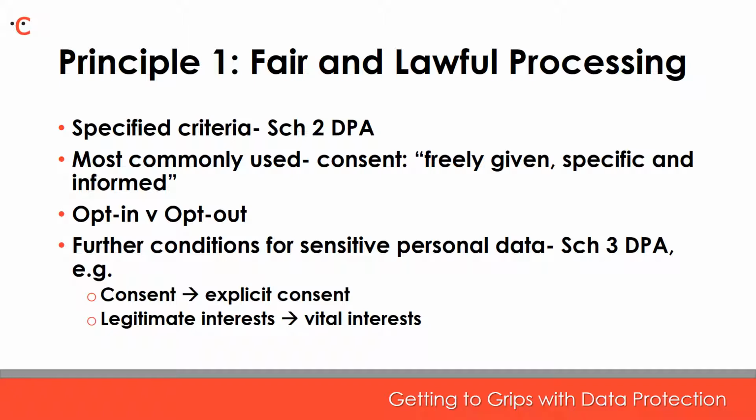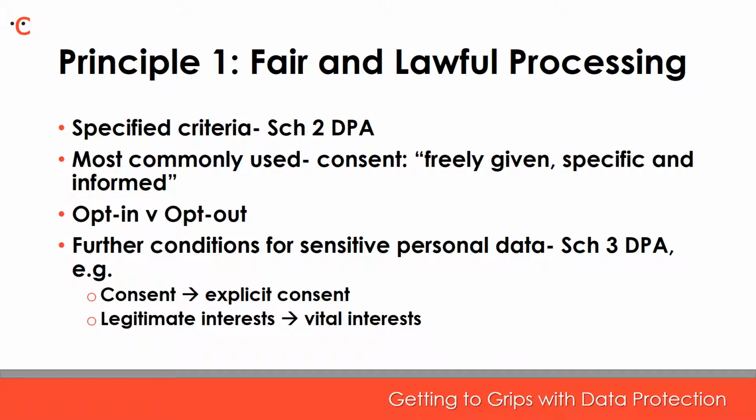As mentioned earlier, there's a distinction in the Act between personal data and sensitive personal data. The reason for the distinction is there are further conditions for sensitive personal data to be fairly and lawfully processed. For example, with consent, you have to get explicit consent. This essentially means that a data subject has to very clearly indicate his agreement to the data being processed in a certain way.